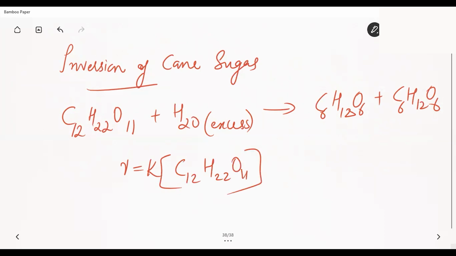That means this appears to be a higher order, second order reaction, but actually it is a first order reaction. That is called a pseudo first order reaction. So these are the two examples: hydrolysis of ester as well as inversion of cane sugar. Very important. You have to study this. The reactions which appear to be higher order but behave like first order reactions are called pseudo first order reactions.